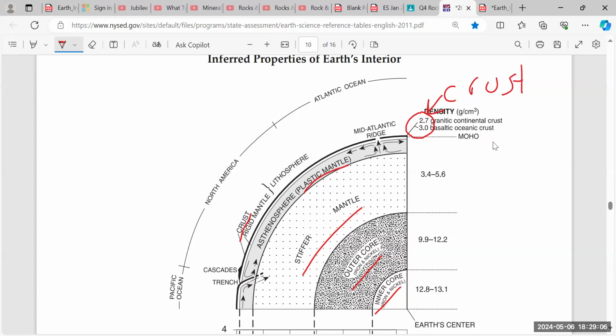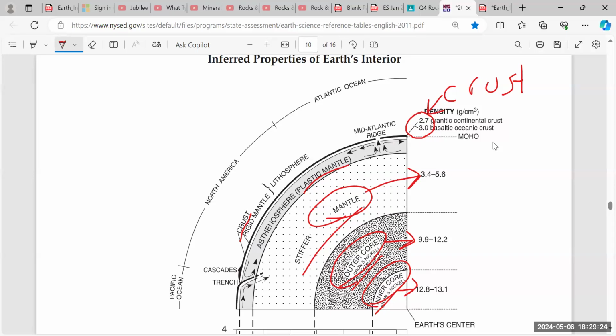Next, we have the mantle, and the mantle is going to be 3.4 to 5.6. The outer core density is 9.9 to 12.2. And the inner core is 12.8 to 13.1.